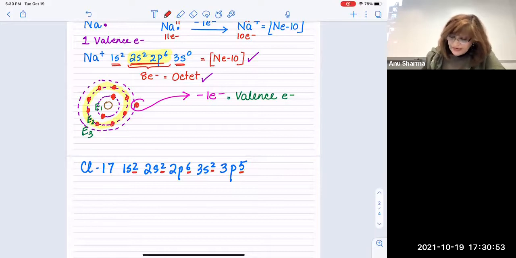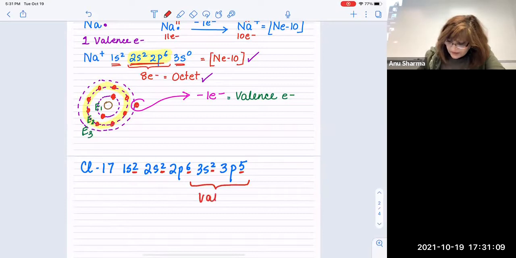Now what happens? In this case, you see the inner core is neon, which is fine, but it has got 17 electrons, and so this is the valence shell. So let's look at the orbital diagram of chlorine.